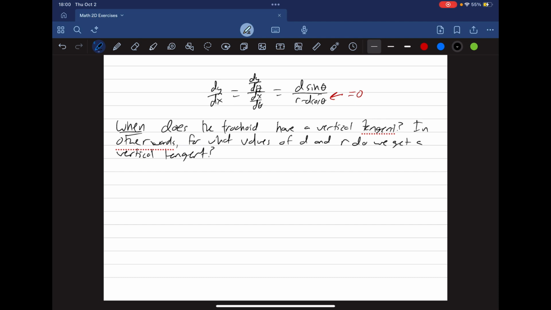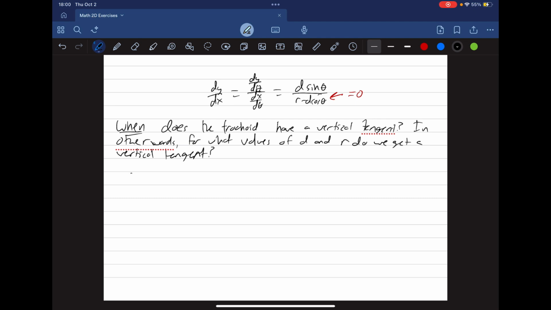Well, this might be a bit easier to answer now because, as I mentioned up here, this is going to occur when our denominator here is equal to 0. Recall that we just calculated this to be the slope. And when we divide by 0, we get plus or minus infinity, roughly speaking.